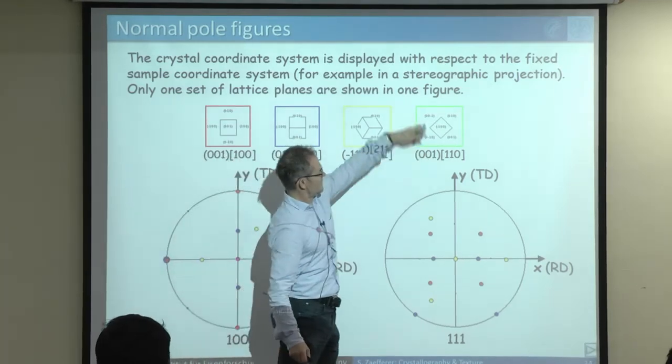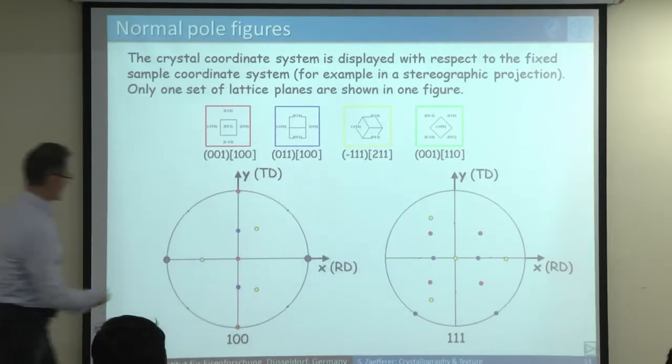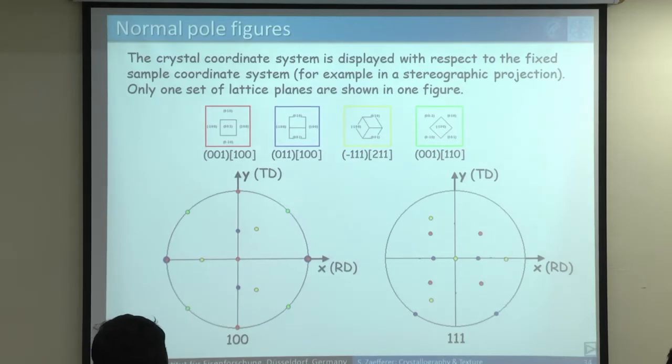001 again, so we're having an 001 plane and a 110 direction. And if we plot that in here, now it starts getting boring. The green dots, and here, these dots here. Okay, so far that's probably clear. And you have to read it like that you usually have, in a 111 pole, you have 4 equivalent planes. Here you have 3.